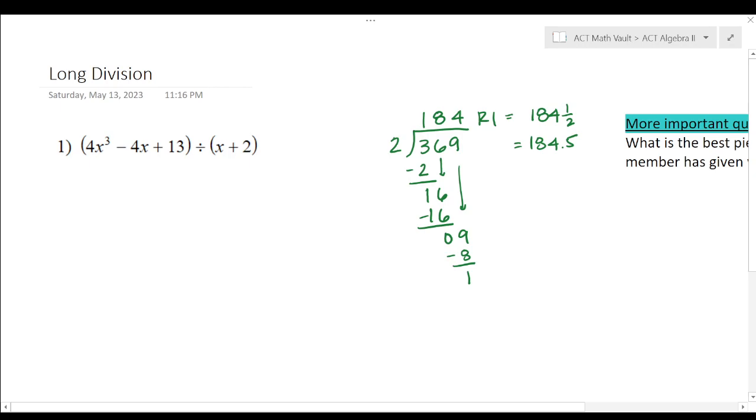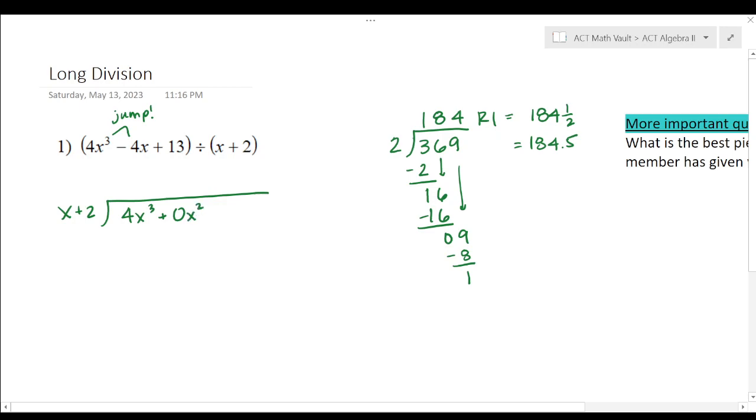The process for long division here with polynomials is similar, where you set it up x plus 2 into 4x cubed minus. Now, here's the thing that we have to note. If you ever have a jump right here, there is no x squared term, and so what we need to do is create a placeholder for that lane, so to speak.